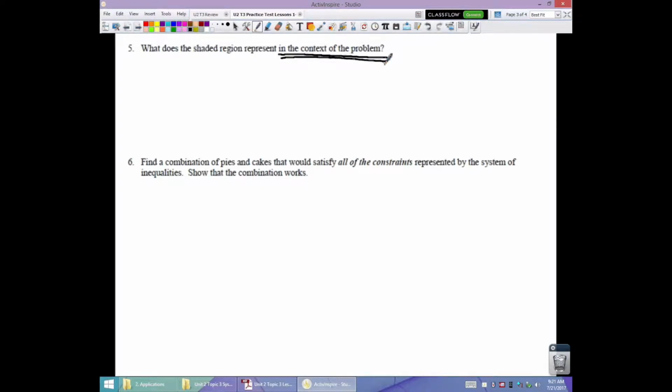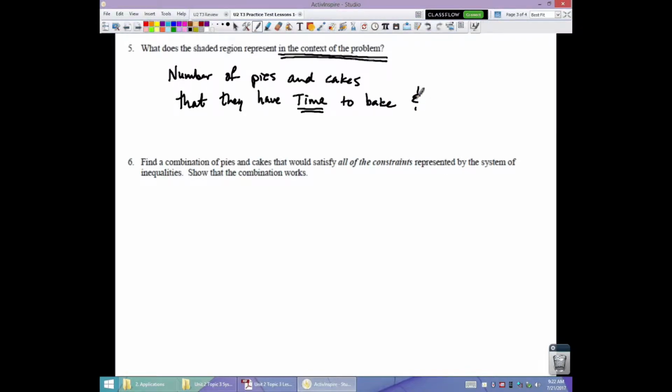So it's not just in general that they work in both, but it is a number of pies and cakes that they have time to bake and will result in the required revenue.